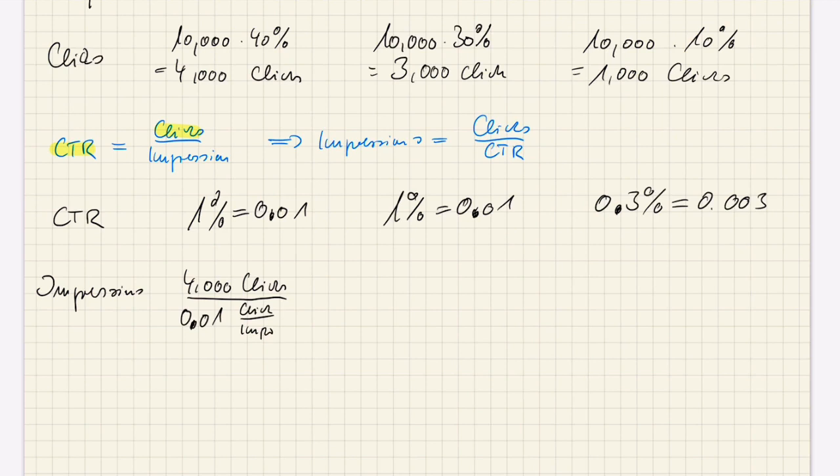We can simplify, put the clicks away, move the impressions up. So what we have got, and I put it into a table calculator, 4,000 divided by 0.01 is 400,000.